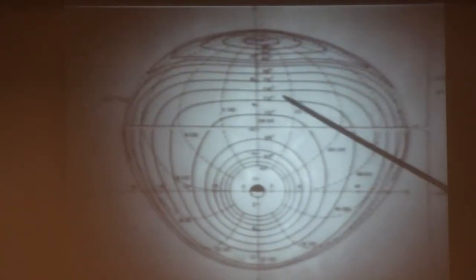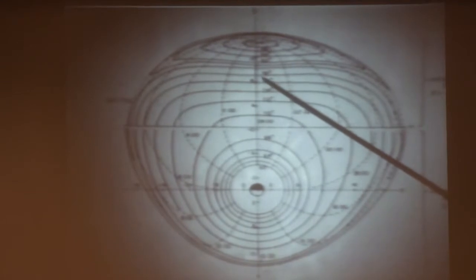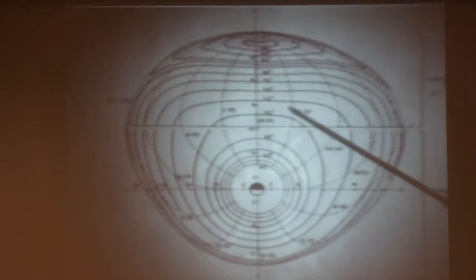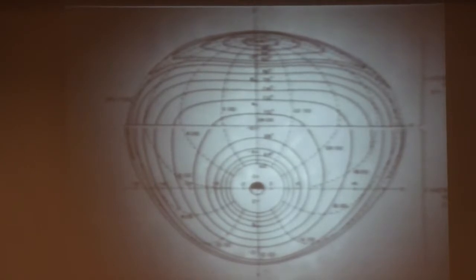And again, one can see where the constant latitude, constant local time surfaces intersect this plane through the tail. Now, I won't say much more about this particular slide, but you see it's useful for taking any low latitude measurement and seeing where the corresponding field line goes to in the equatorial plane.